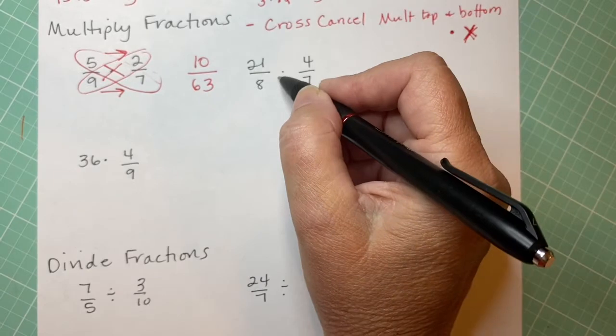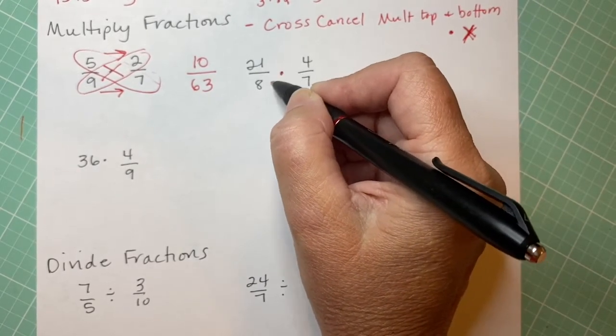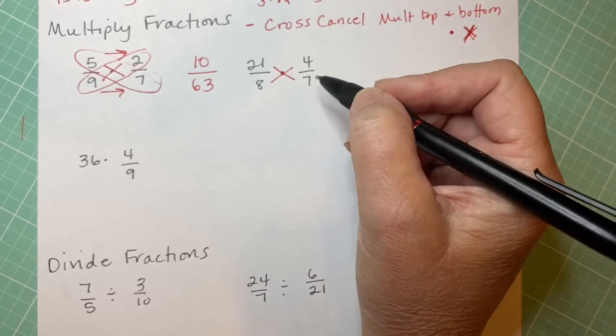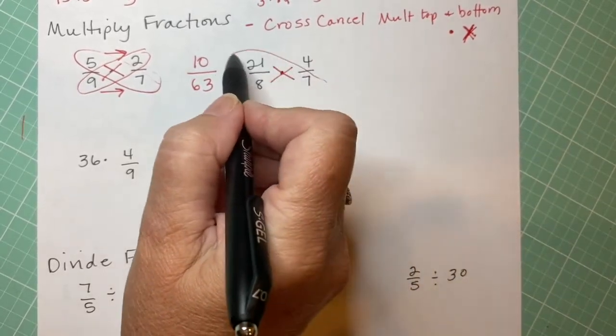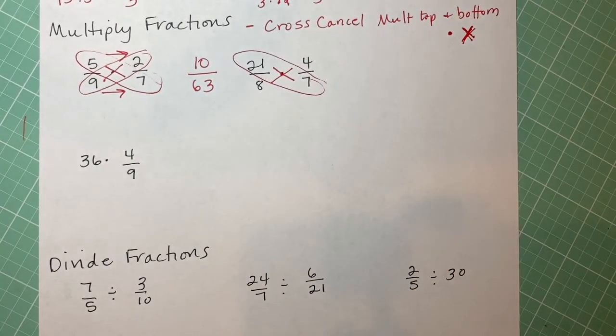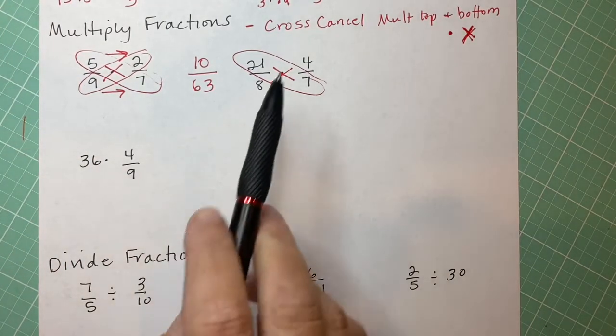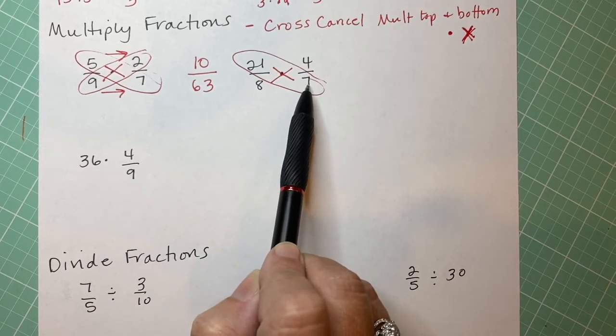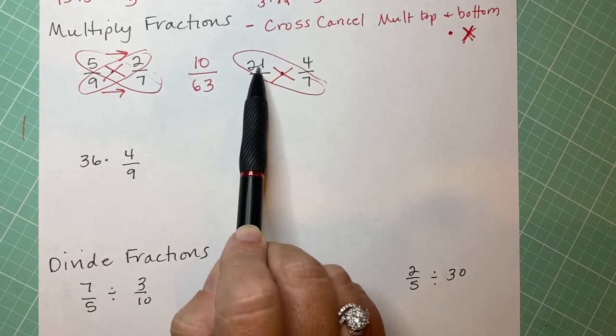So when we look on the diagonal here, again, we're thinking about this dot means multiplication. So we're looking on the diagonal. When you look on this diagonal this way, if you'll get in the habit of always going to the smallest number, whether you're reducing or anything like that, go to the smallest number, 7, because 7 is smaller than 21, and ask yourself, will 7 divide into 21?